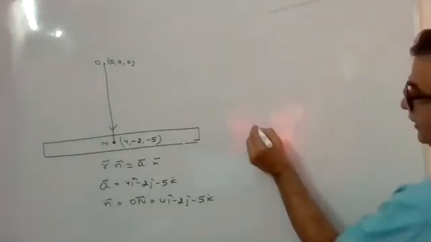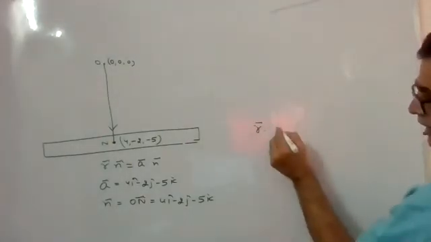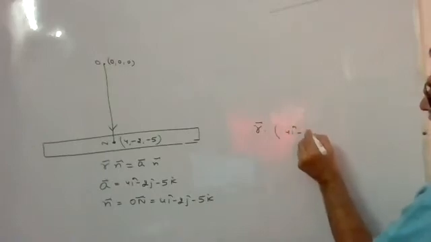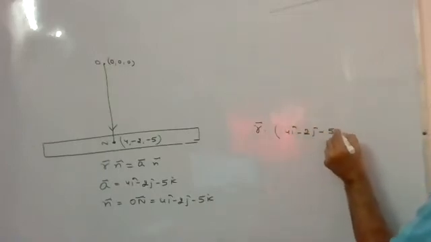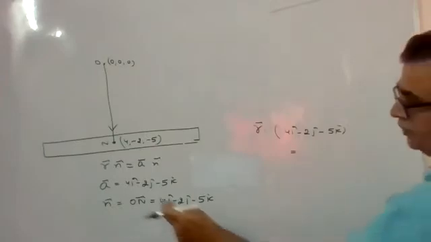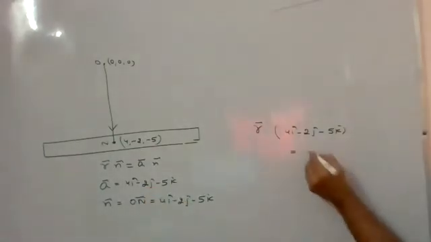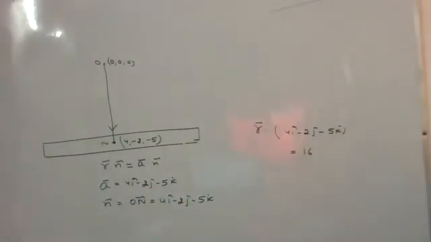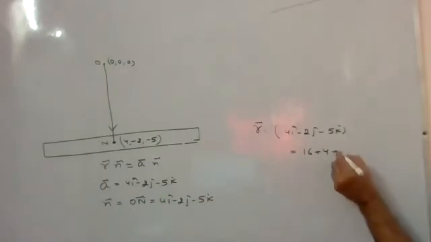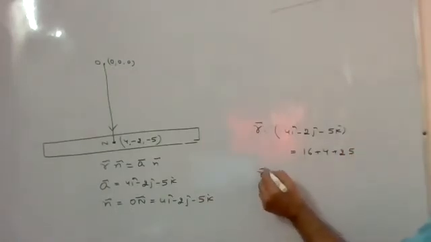And then we go for the equation R dot n, where n is 4i minus 2j minus 5k, equals A dot n. Please do it. 4 times 4 is 16, then plus 4, then plus 25. So what do I get here?